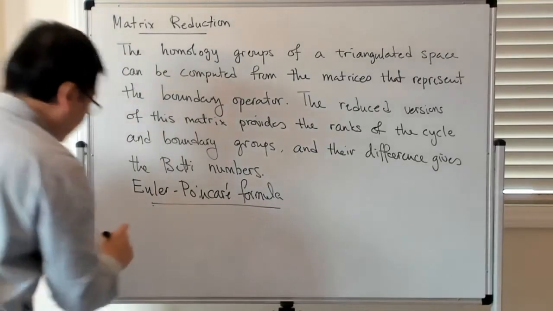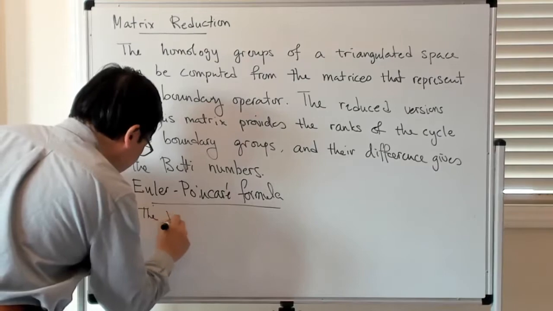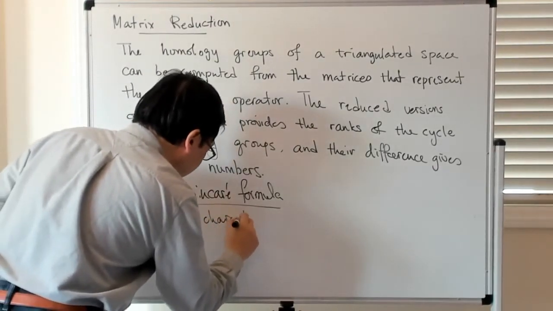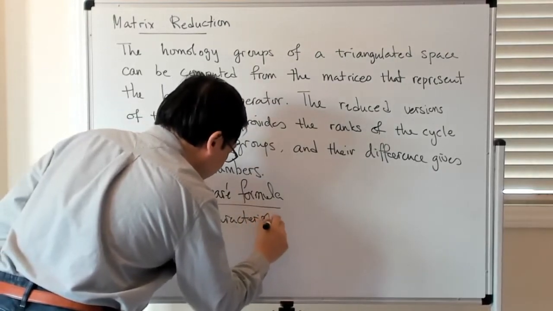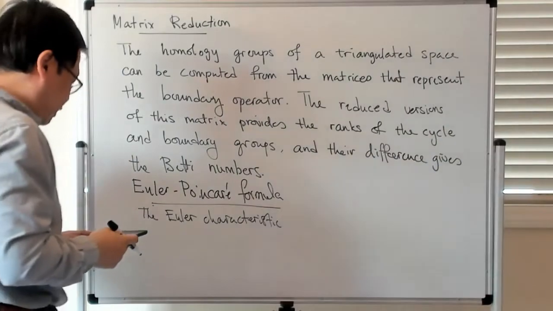So again, as I mentioned before, the Euler characteristic is the alternating sum of the number of simplices in each dimension.